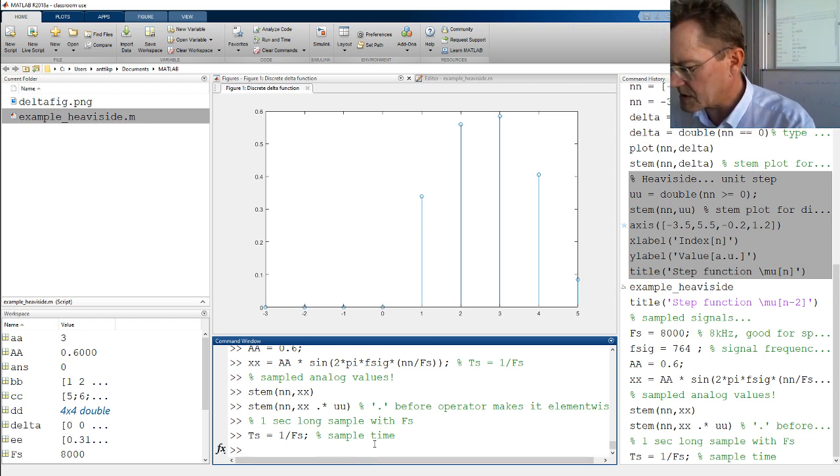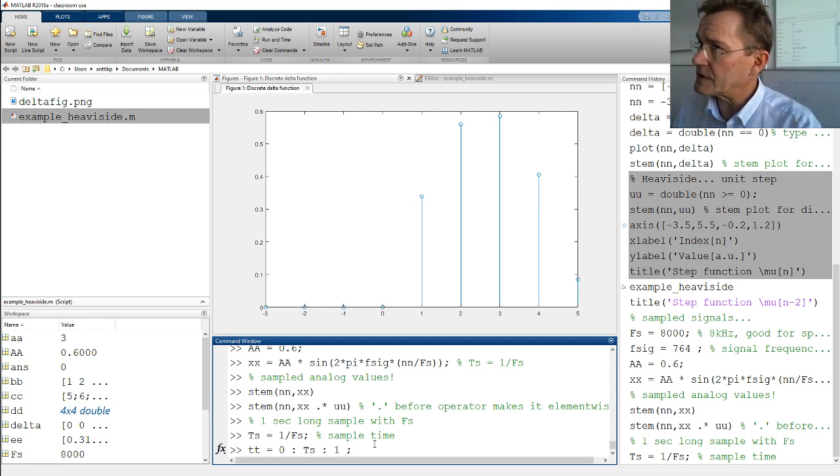Or we first take the sample time vector. So at the points where the samples are taken, start from 0 with the time step of Ts to 1. So another way of using colon is you have 2 colons. In that case, it's from and to, but in between you put this delta time.